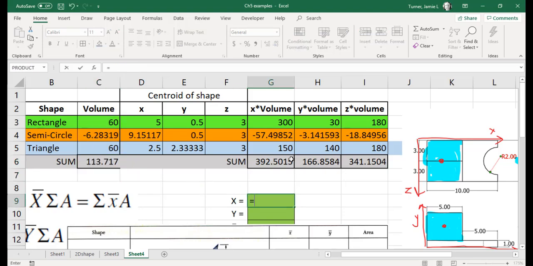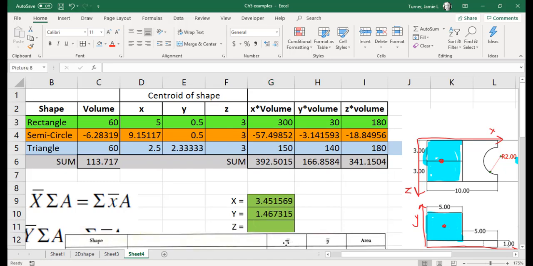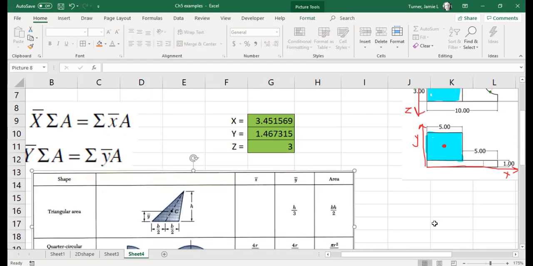And for the x direction, we're going to add up all these little chunks and then divide by the sum of the total volume. And the same thing in the y direction. So adding up all these chunks divided by the total volume, and adding up all the little chunks divided by the total volume. And this is the moment of truth.